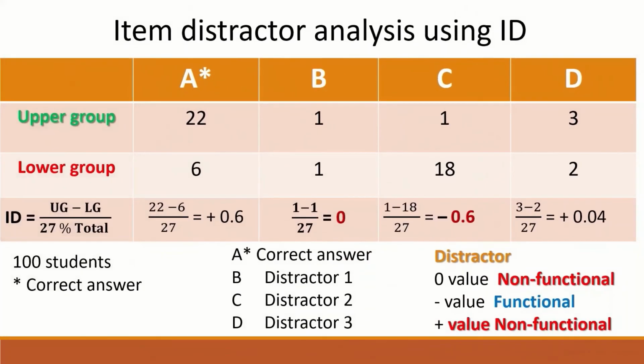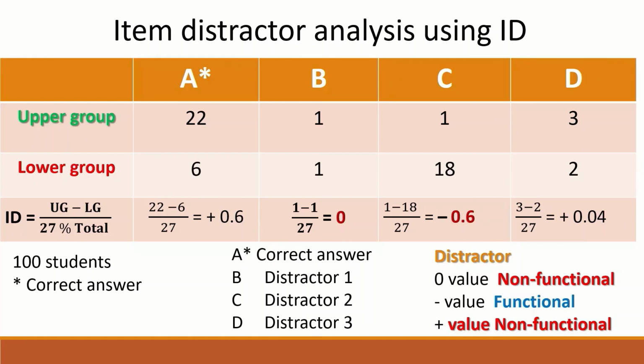Another way to analyze the item distractor is to use the item discrimination following Kelly's method. Here is an example for 100 students answering a multiple choice question that has 4 options. A is the correct answer, and B, C and D are the distractors.